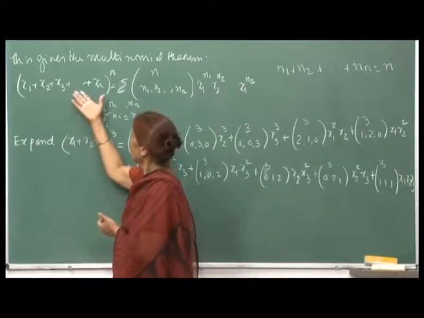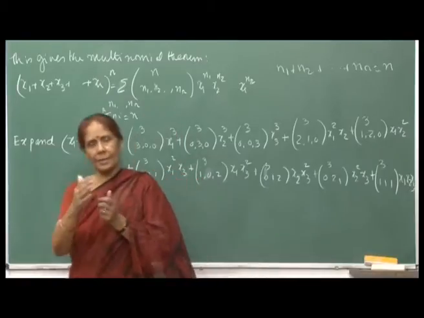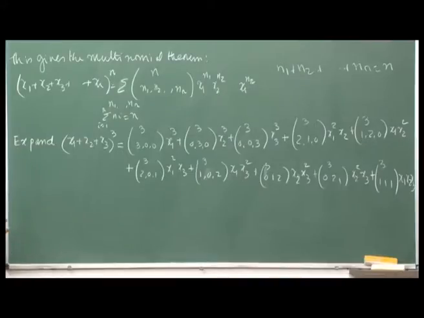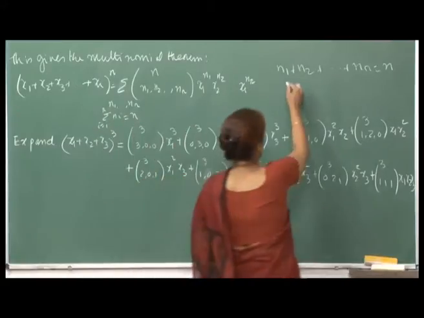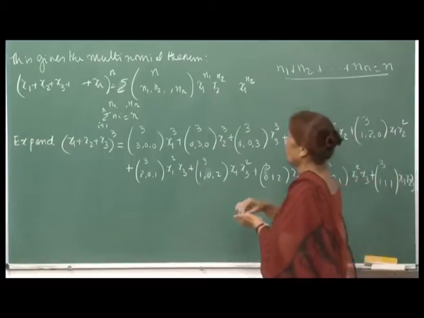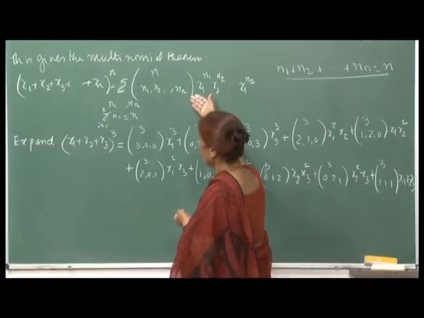Each term in this expansion will contain n xi's together. That means you add up the indices of x1, x2, ..., xr, and they should add up to n, and that is what is given by this.